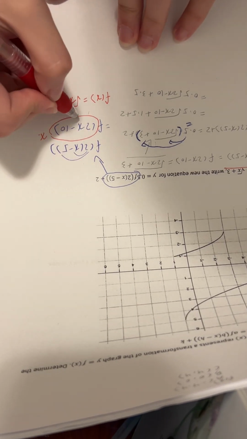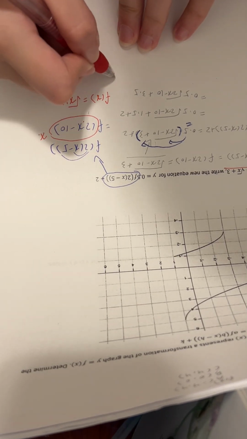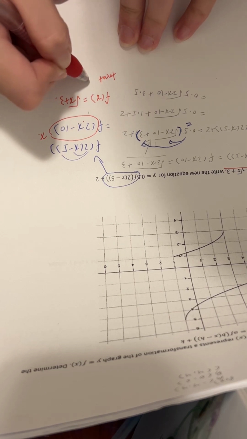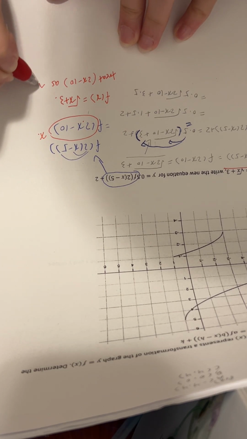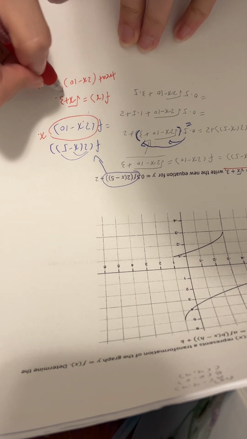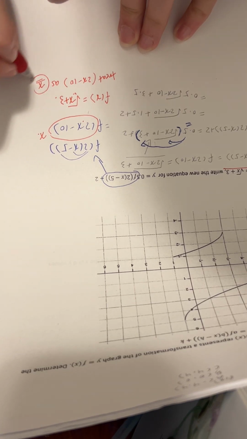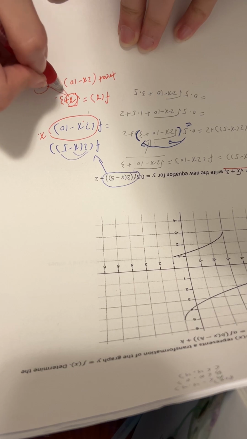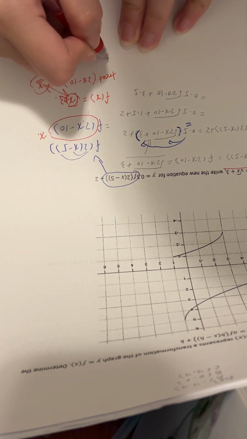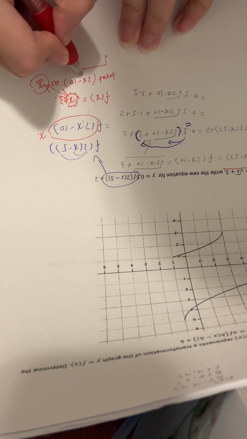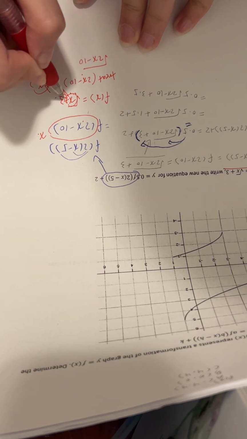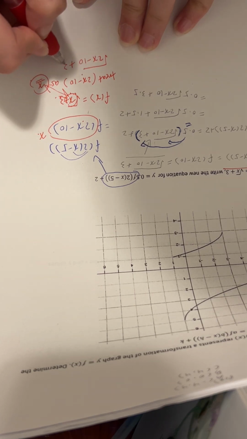Okay, let's rewrite this step. We treat 2x minus 10 as x. So you plug this in, x and x. It's going to be square root of 2x minus 10, and the plus 3 is outside of the square root, so you keep it outside.